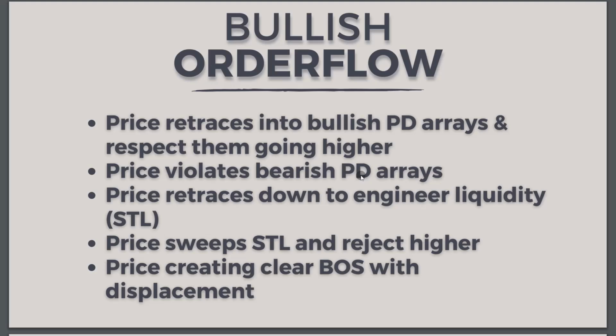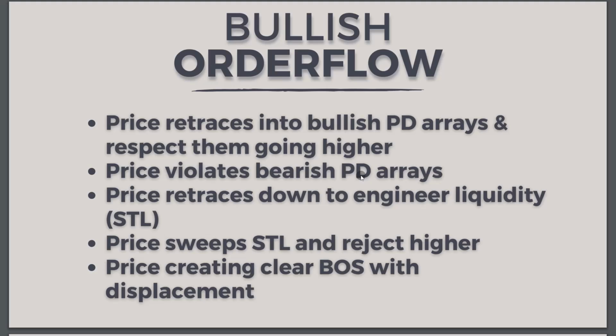Now to summarize this and make it clear as a checklist, in a bullish order flow, what I want to see is price retracing into bullish PD arrays and respecting them, going higher. So price will retrace down into PD arrays and shoot higher. Another one is price violating bearish PD arrays.